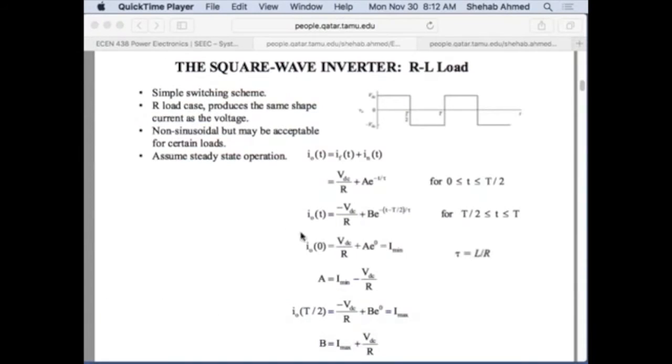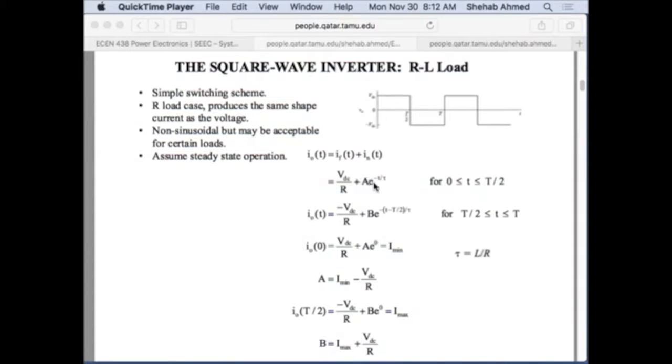So I know that at t equals 0, current is equal to I minimum. So the current waveform is equal to forced response plus natural response. Now forced response is the DC voltage source that you have divided by the resistance. Here you have a DC source and a resistance and inductance. In steady state, inductance is a short circuit and your source is DC, so it's V DC over R. That's your forced response.